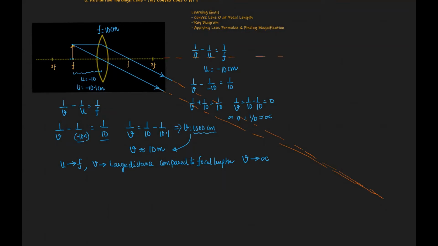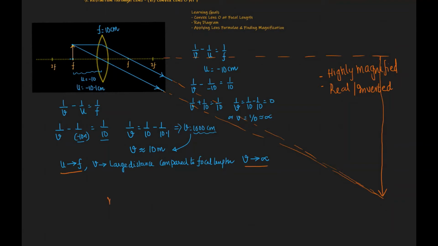And what you see is a really magnified image, so we say this is highly magnified, and this is real and inverted. That's the characteristic of this image when u tends to f and v tends to infinity.